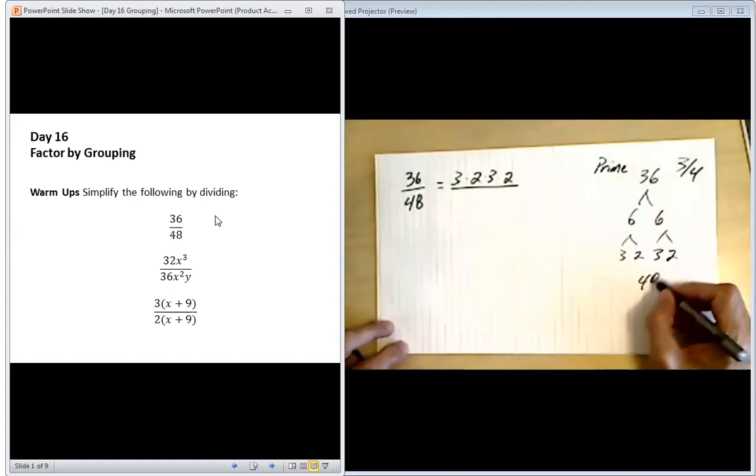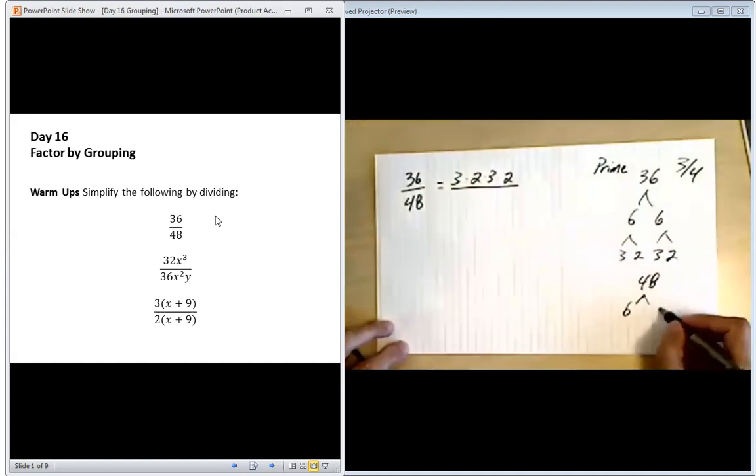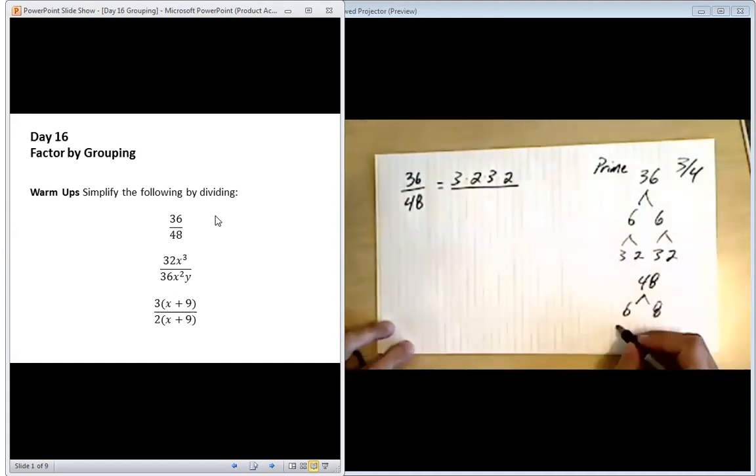Then 48. 6 times 8. For sure, 2 and 3. 4 and 2, giving 2 and 2, 2 and 2.